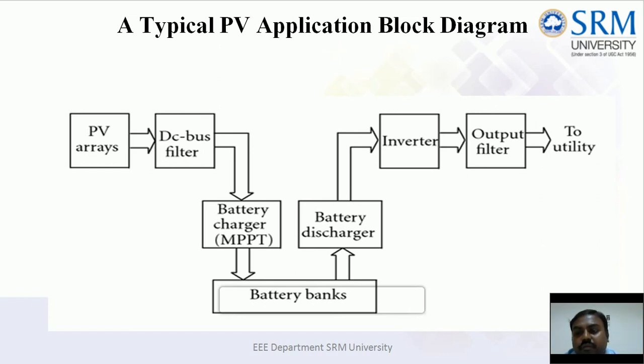When you are interacting with your grid system, you should have the essential compliances, or your voltage, frequency and phase angle should match. So you should have good grid synchronization techniques also. And of course, you need not always connect to a utility.